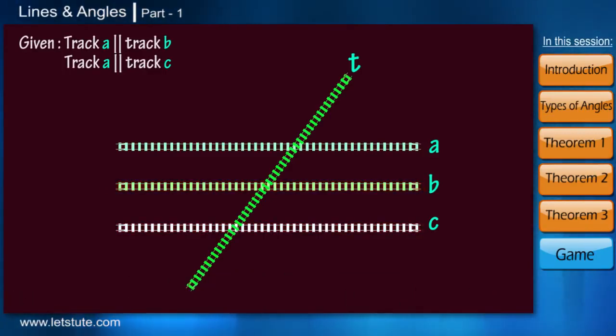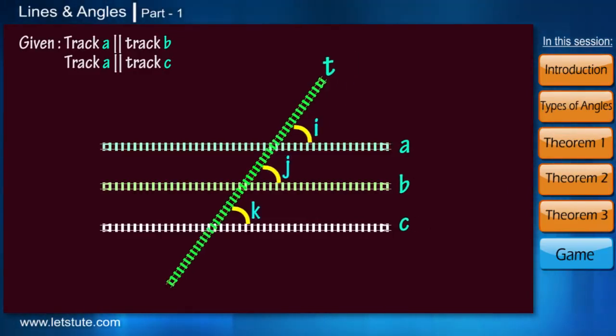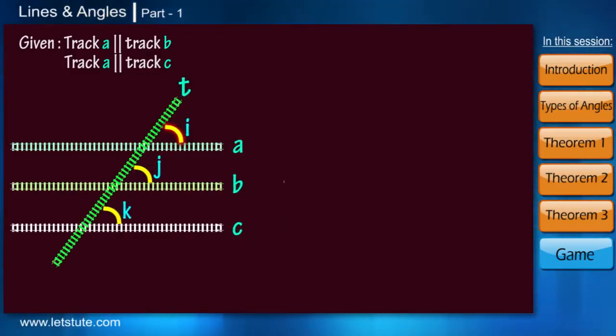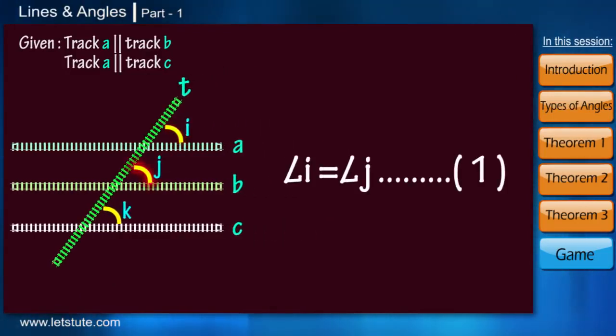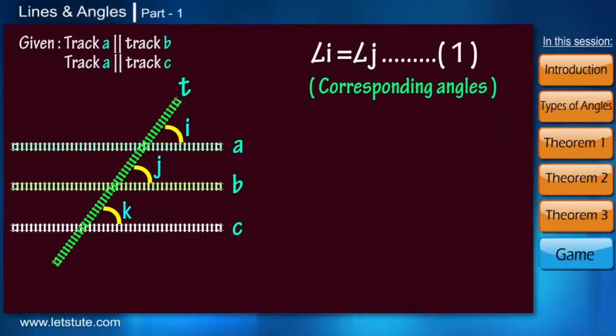Now, we can consider track T as a transversal, which will form corresponding angles. So, angle I will be equal to angle J because they are corresponding angles. Now, because track A and track B are parallel, the corresponding angles will be equal.